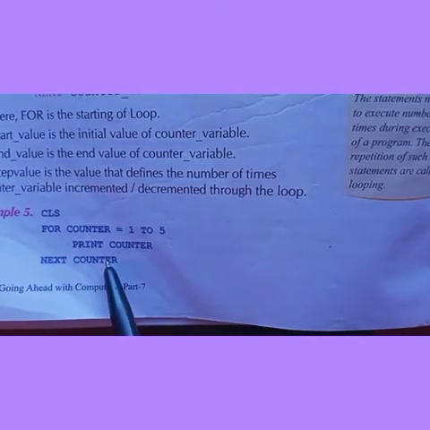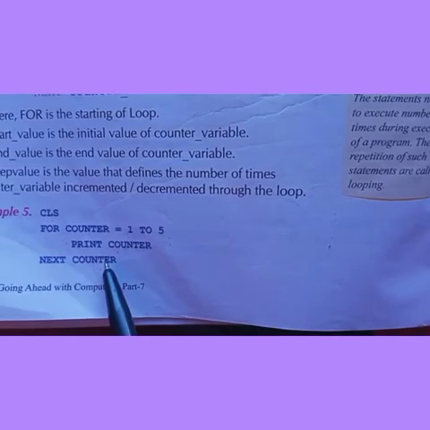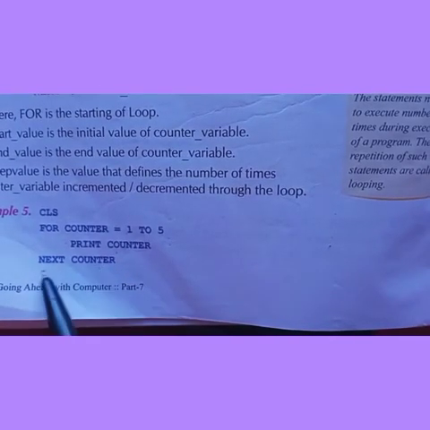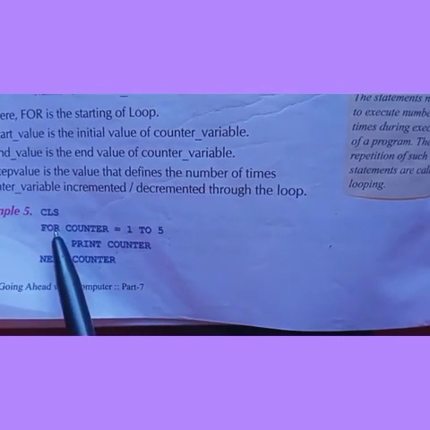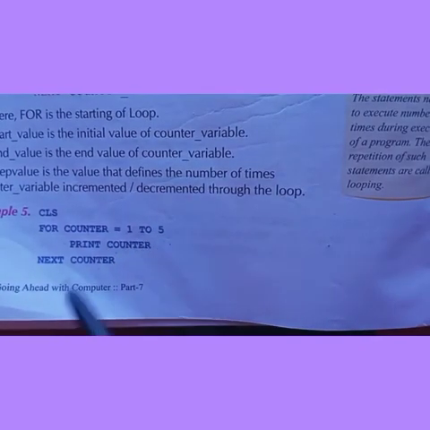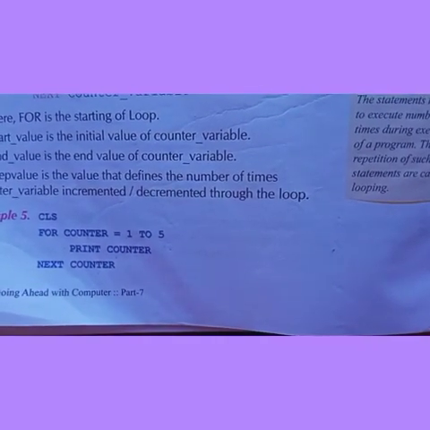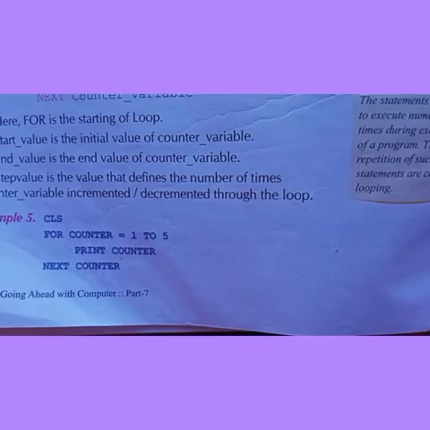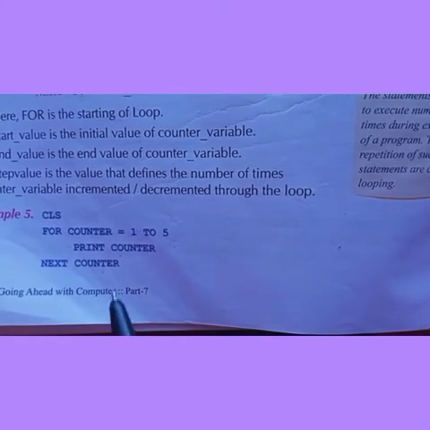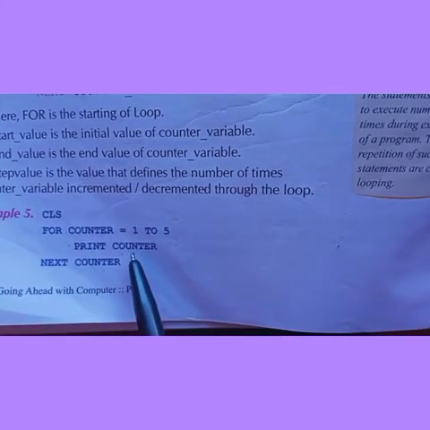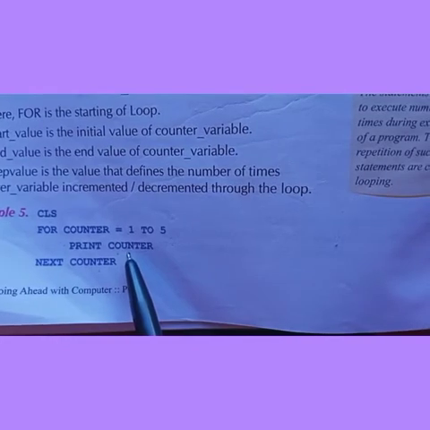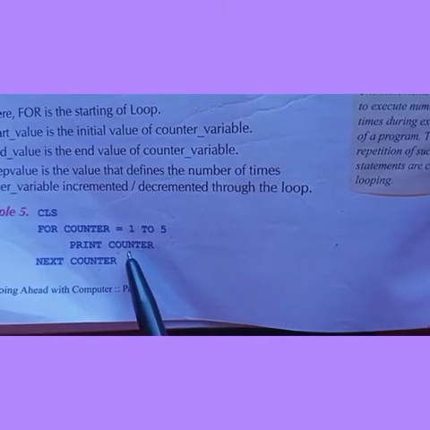After 1, it goes back over here and sees counter 1 to 5. Still we have only the value 1 for the counter, so again it goes to PRINT counter, and now the second value, 2, will be printed.